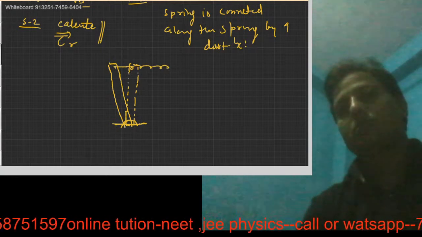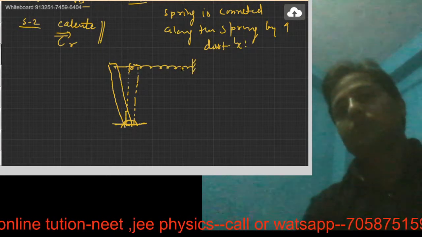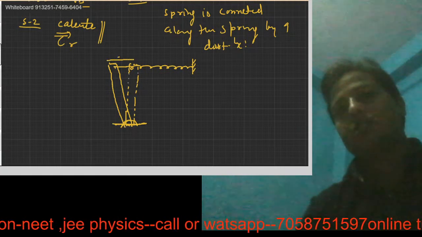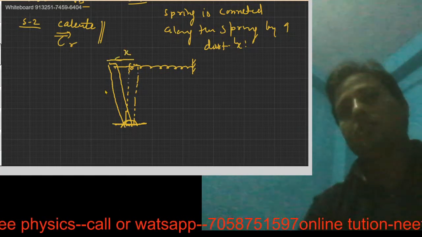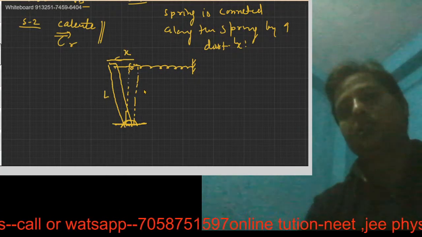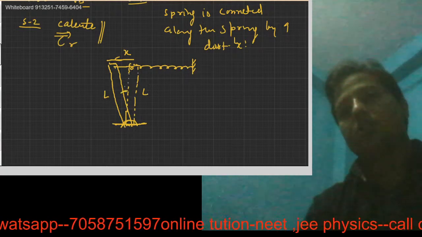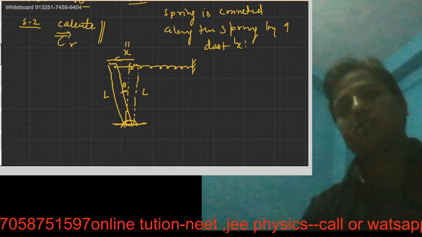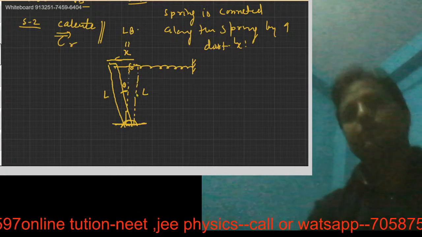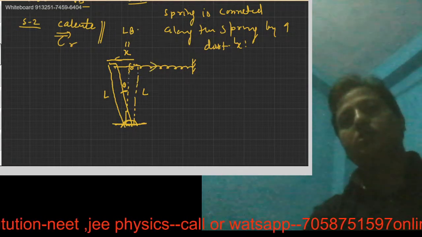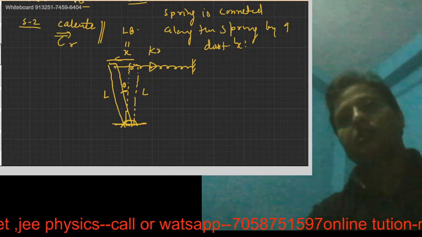So here the spring is extended by distance x. Suppose this length is L, and suppose this angle is theta. So x is L theta. Force in the spring is kx.